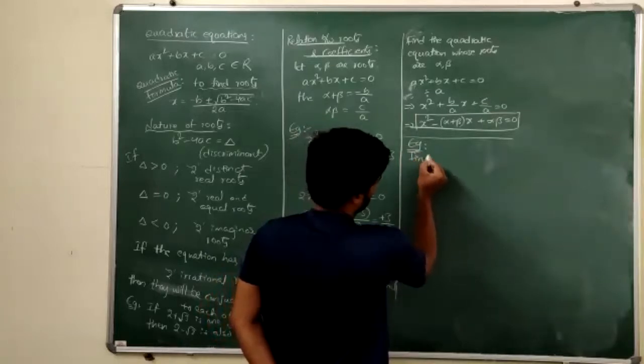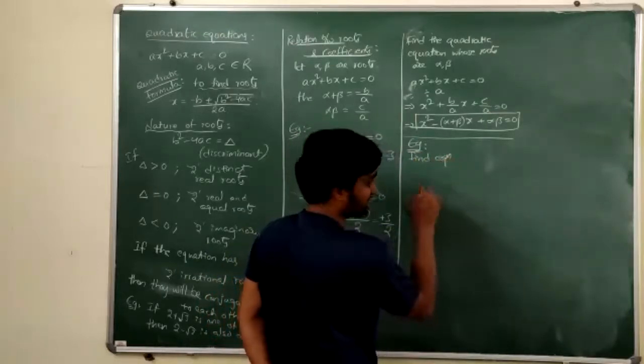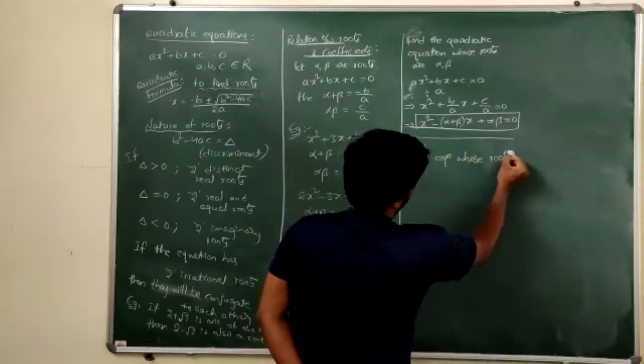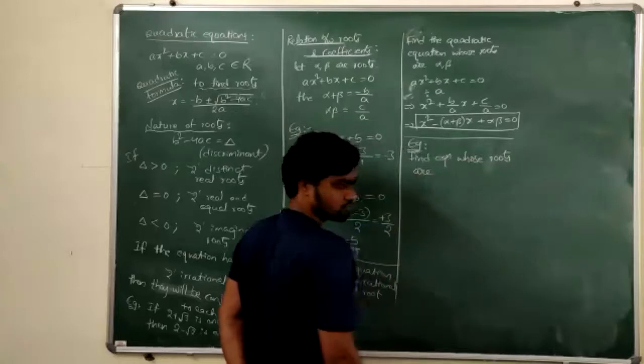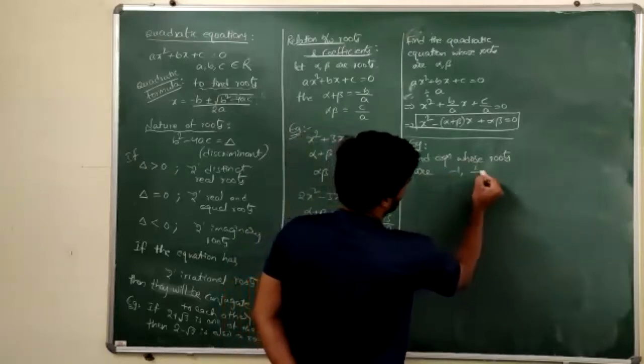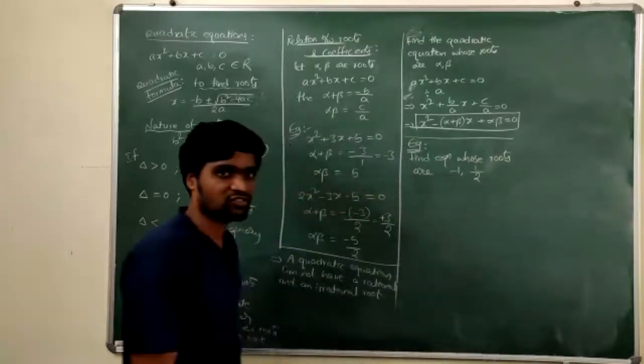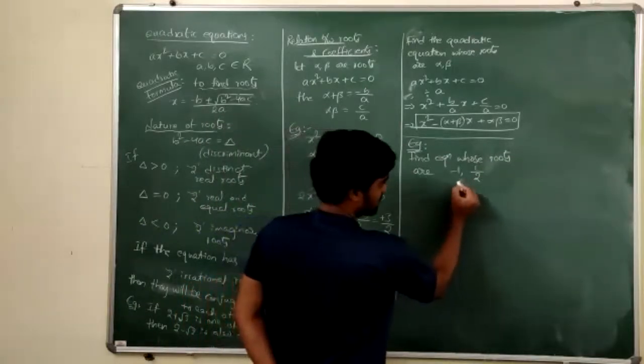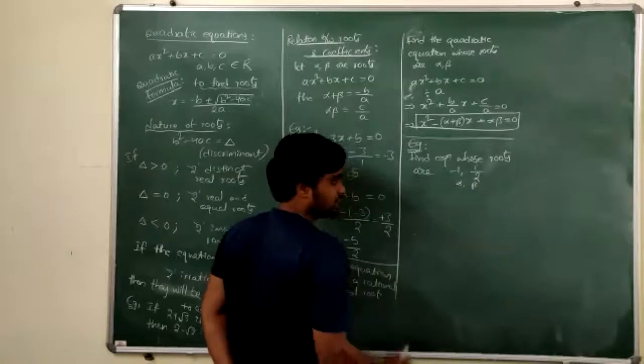Now, examples for this. Find quadratic equation whose roots are minus 1 and half. Suppose this is alpha and this is beta.